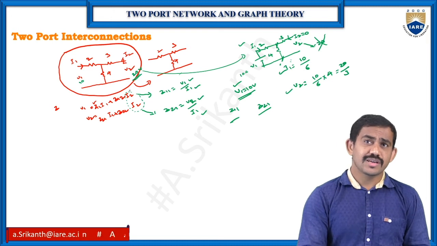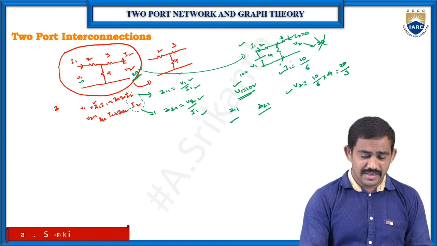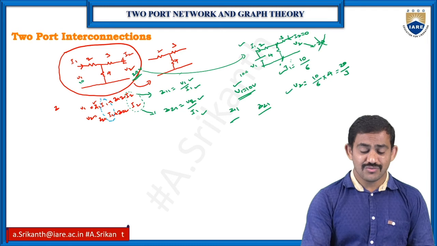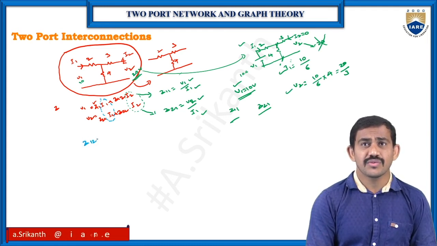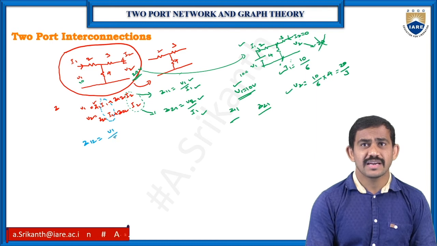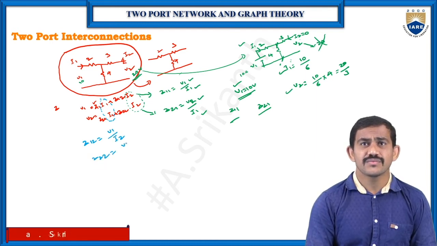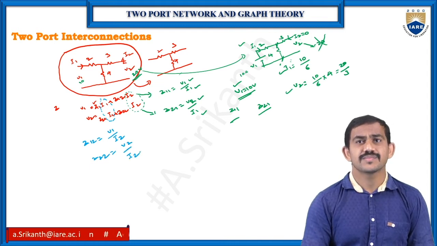Now one more condition: I1 is 0. When I1 is 0, I can find the Z12 value and Z22 value. Z12 is again V1 by I2 and Z22 is V2 by I2.